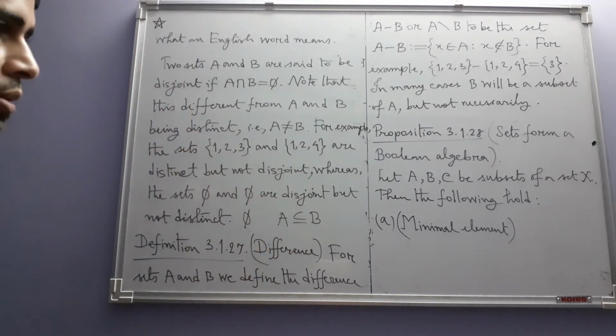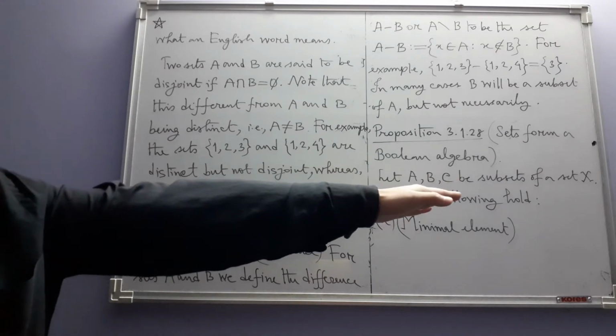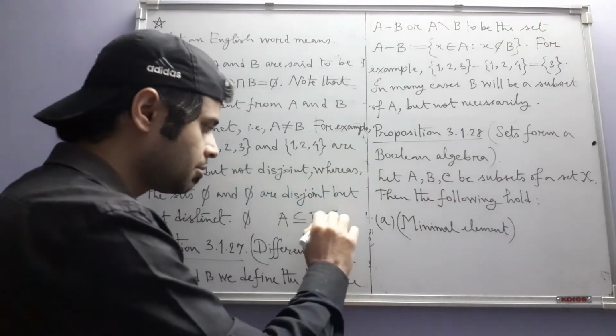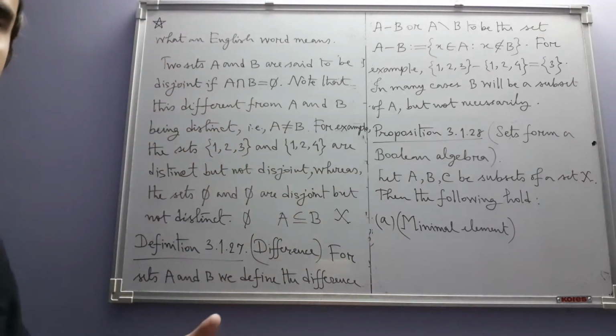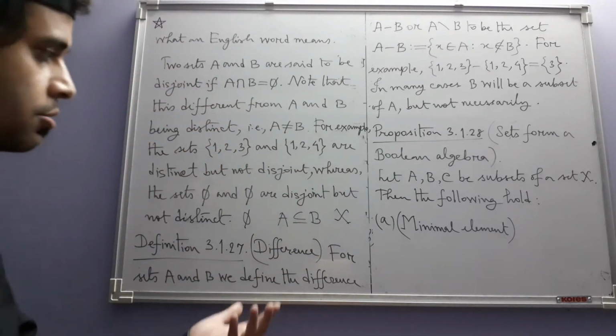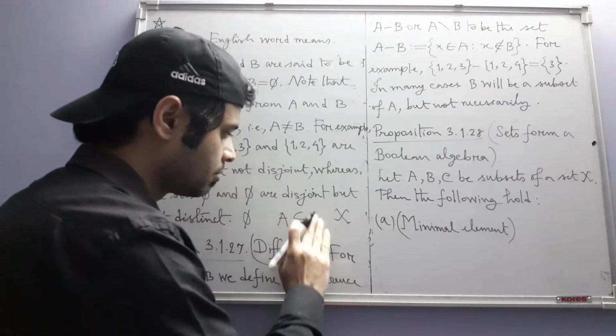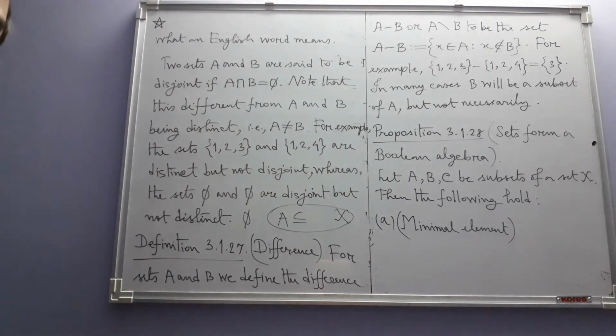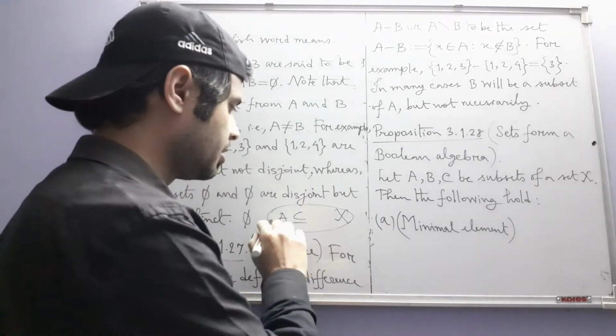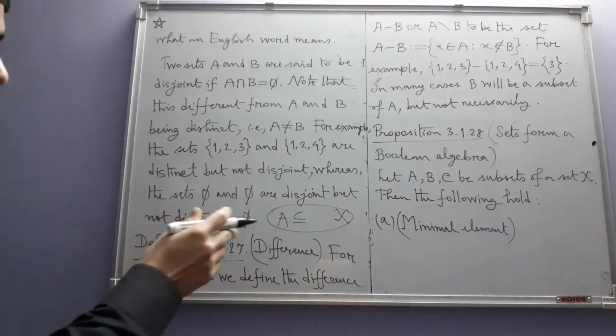And just like that, in the context of this proposition, the maximal element is X, because all the sets A, B, C are subsets of X.